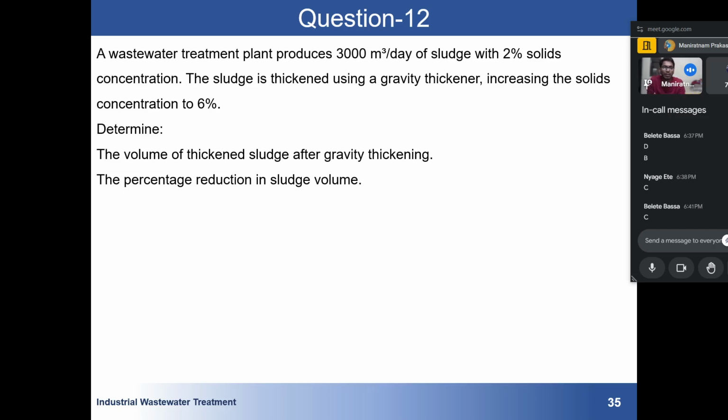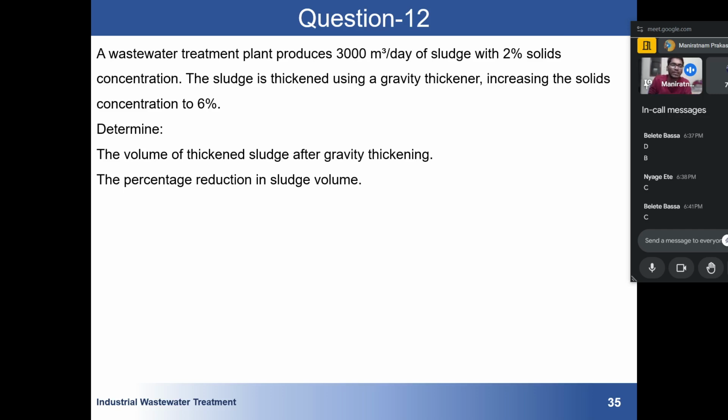Question number 12. Please solve it. This much of sludge is being produced, out of which 2% is solid.